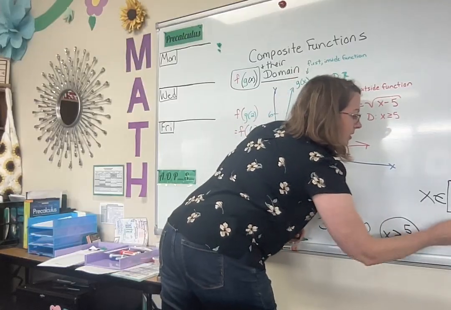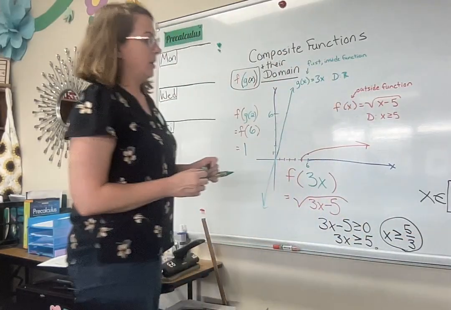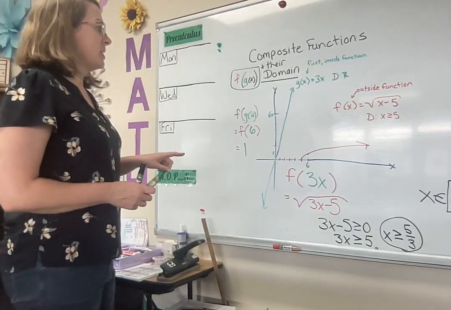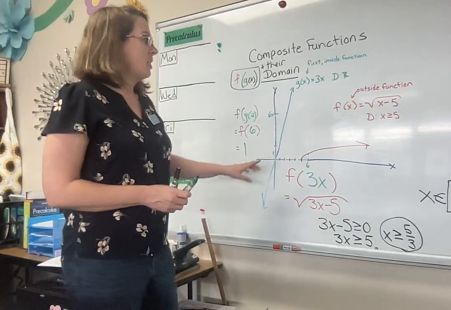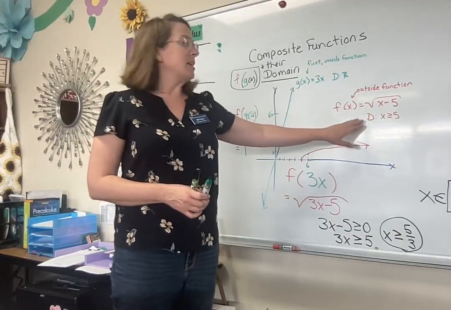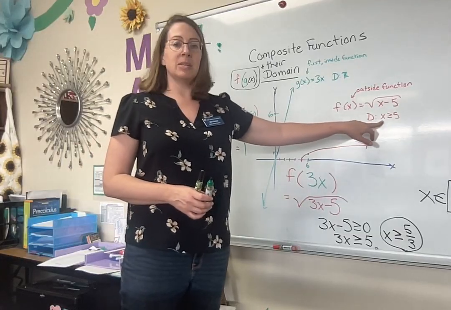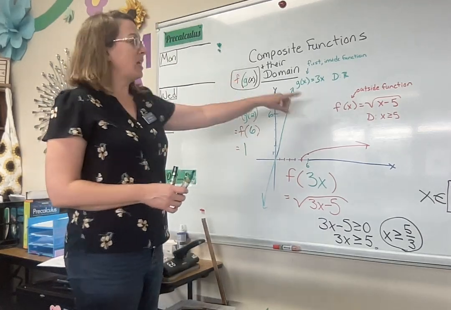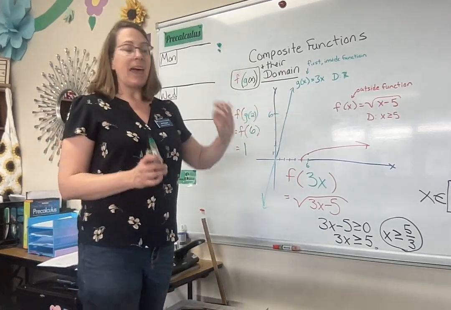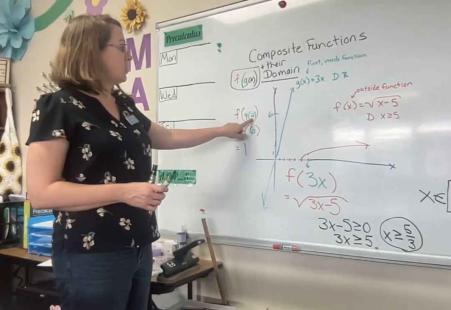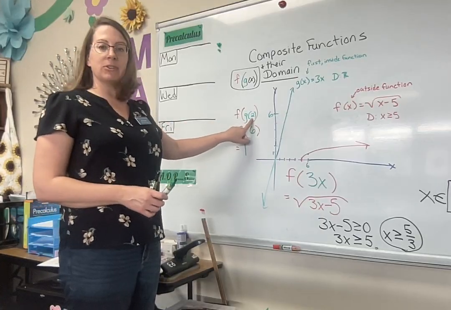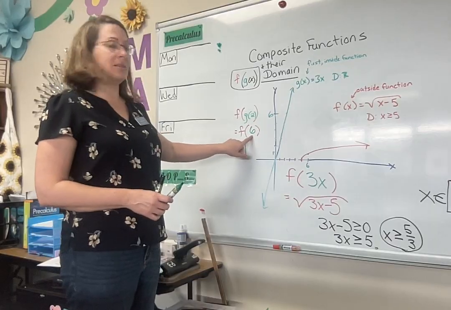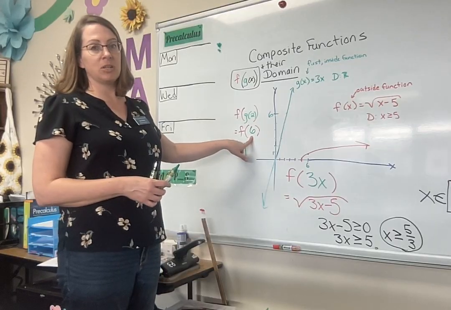There we go. So in conclusion, I think what's unique about this is it doesn't matter that the outside function has this domain restriction of x needing to be greater than 5, because x itself is not going into the outside function. X, or in this case 2, is going into the inside function, and g of 2, which is 6, is what's going into the outside function.